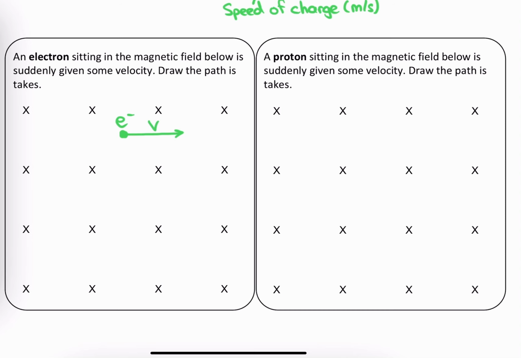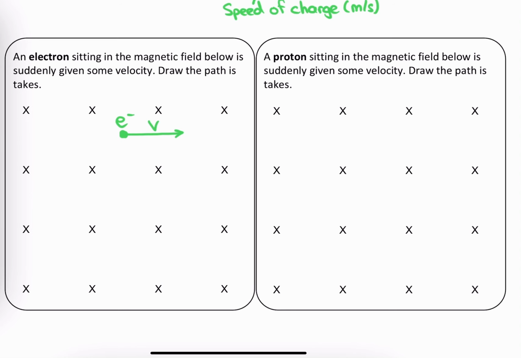So if you take your pointer finger of your right hand and you point it into the screen, into the page, the direction of the magnetic field. And then we say, well, hold on, I have a negative charge here moving to the right. So that means current is actually to the left. So your thumb is going to point to the left side of your screen.